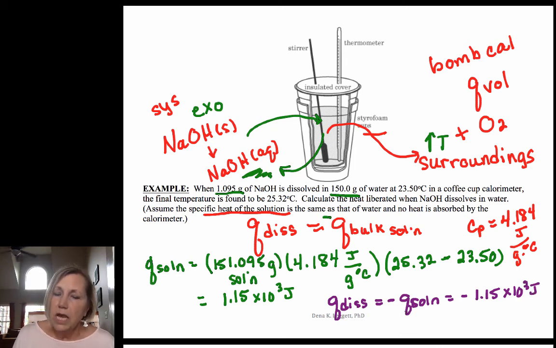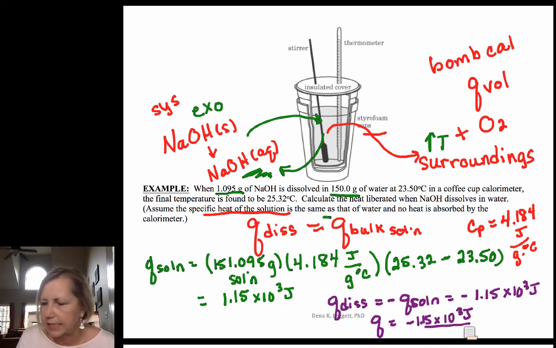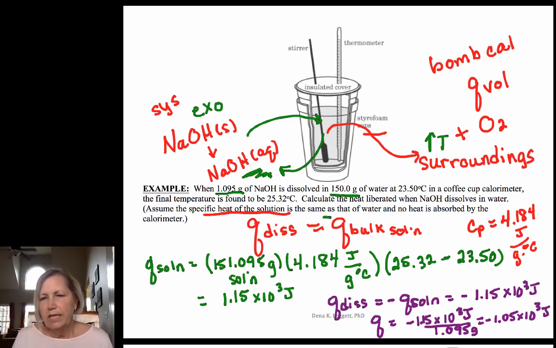Now, that's for 1.095 grams. Sometimes you'll be asked, what is it on a per gram basis? Or if you already understand moles, on a per mole basis. And so I would simply divide it per gram of my sodium hydroxide. And I got minus 1.05 times 10 to the third joules per gram of NaOH.